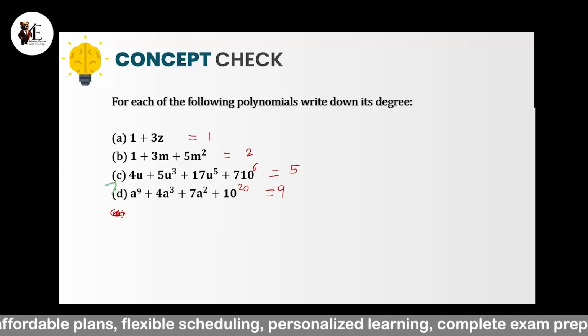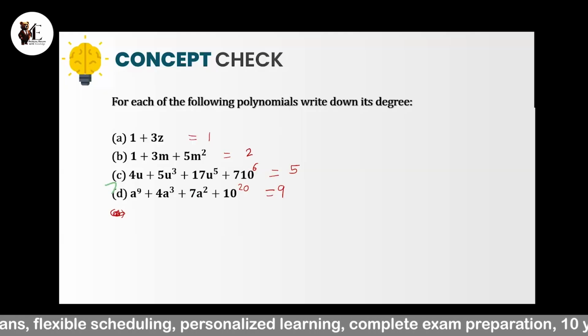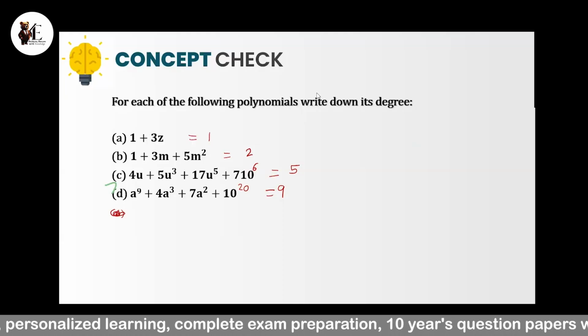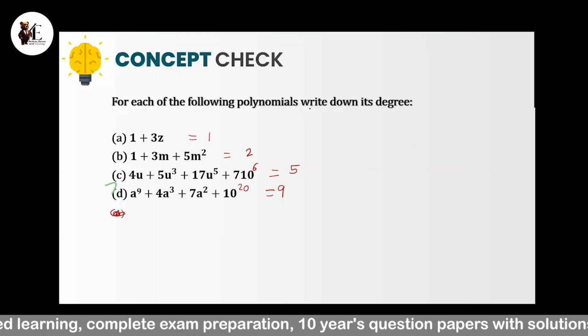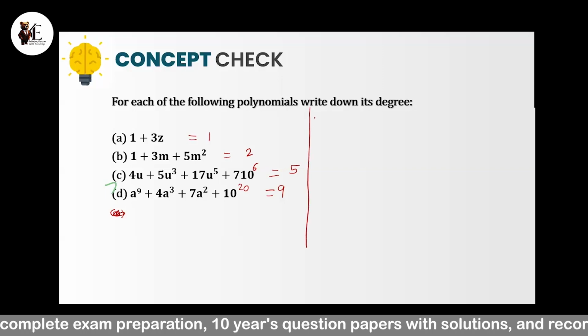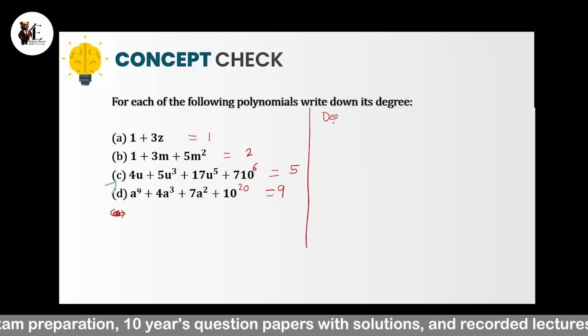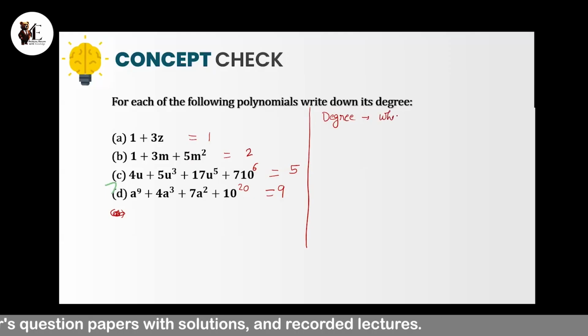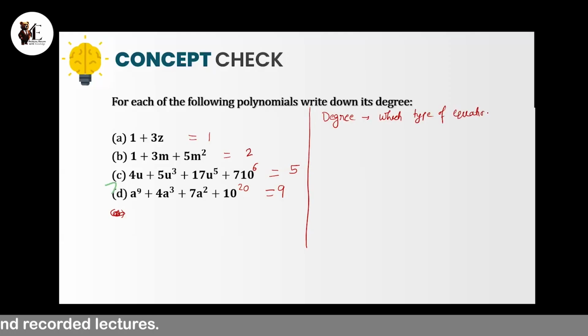power of the variables. So we just covered two concepts. First is how to write the standard form and how to determine whether the equation is quadratic or not, and the second one is degree. By degree we can identify which type of equation this is, whether it's a quadratic or not. It also gives another piece of information.